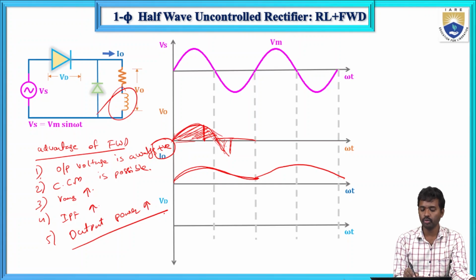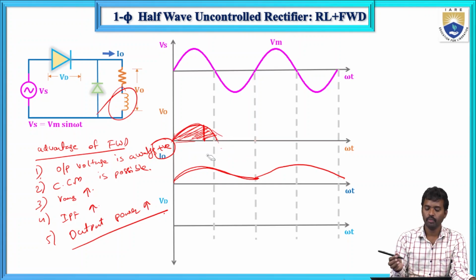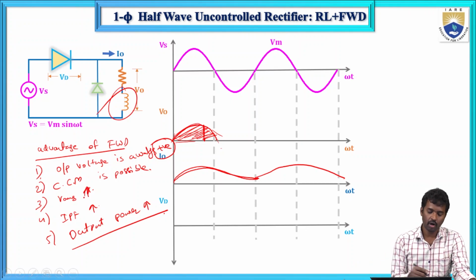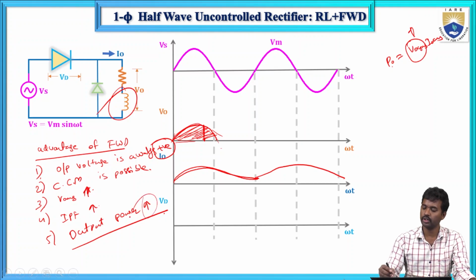So the output voltage improves, it increases. Output voltage increases means P naught equals V average into I naught average, so the output power also increases.